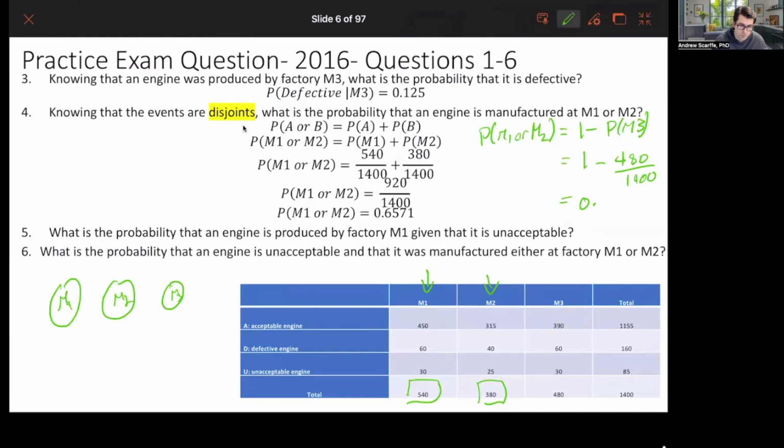So 480 divided by 1400 gives us roughly 0.34. So 1 minus that would give us 0.6571. So that's exactly that value.